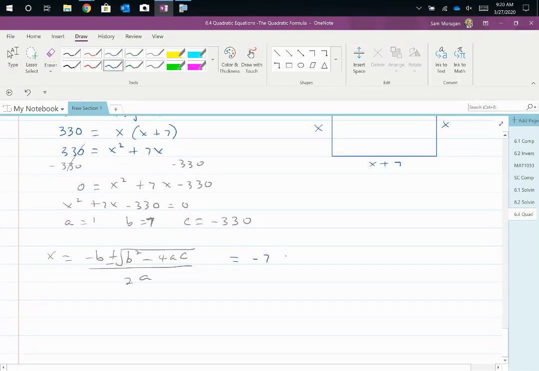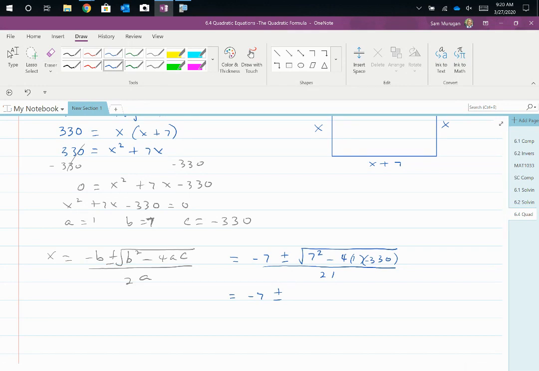So minus 7 plus or minus the square root of 7 squared minus 4 times 1 times negative 330, over 2 times 1. So I'm going to put that expression into my calculator.